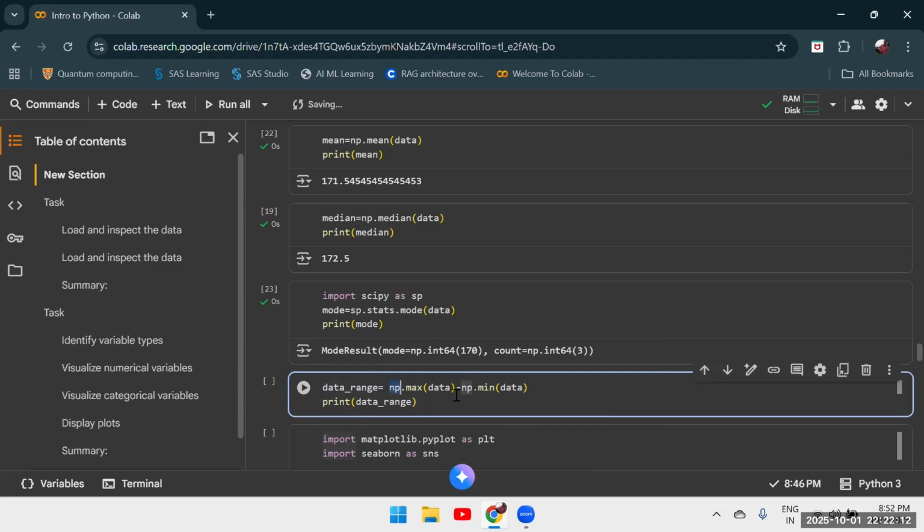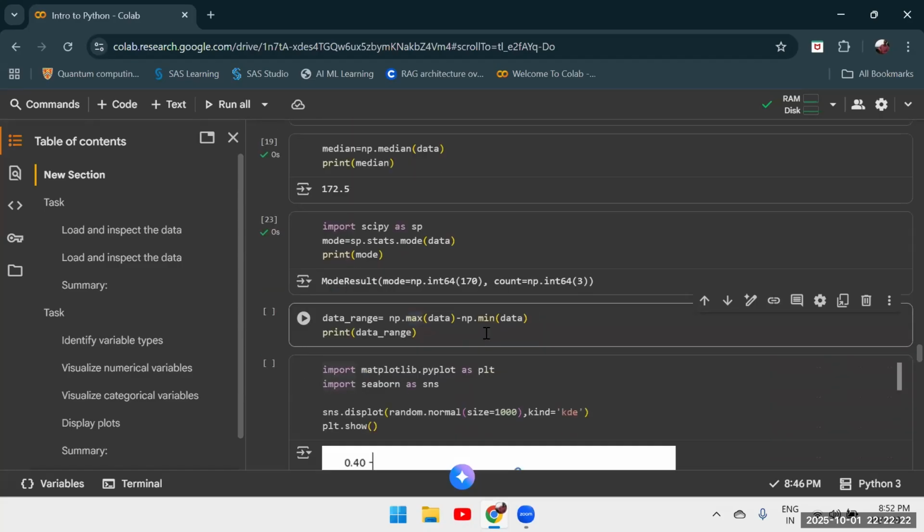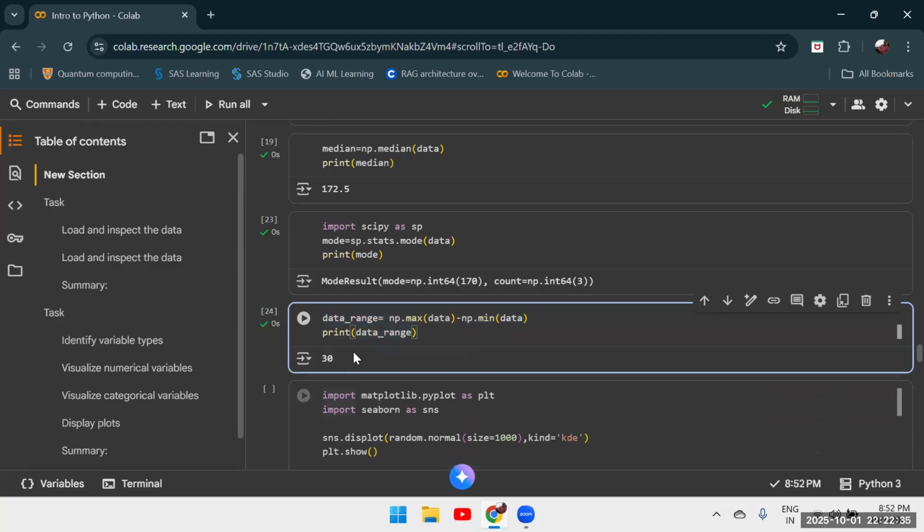I just take np.max from this data, the maximum, and from this data, the minimum, and find the difference between the maximum and the minimum. So what is the difference between maximum and minimum here? It is 30.